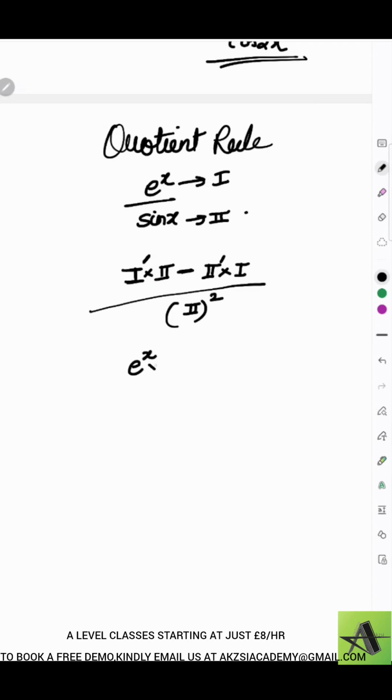And the second function will be sin x, minus differentiation of the second function, and we know the derivative of sin x is cos x. So this will become cos x multiplied with e to the power of x, over the square of the second function.